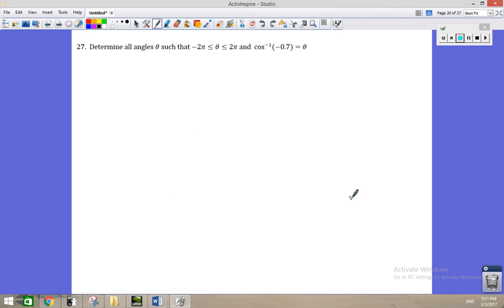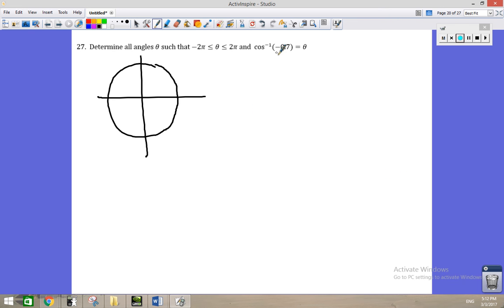Alright, directions have changed. It's still a relation of the infinitely many solutions that satisfy this equation. They want me to just look for the ones that are between negative 2 pi and positive 2 pi. And I'm going to have to approximate when I use my calculator. That unit circle doesn't have an x coordinate of negative 0.7 on it.